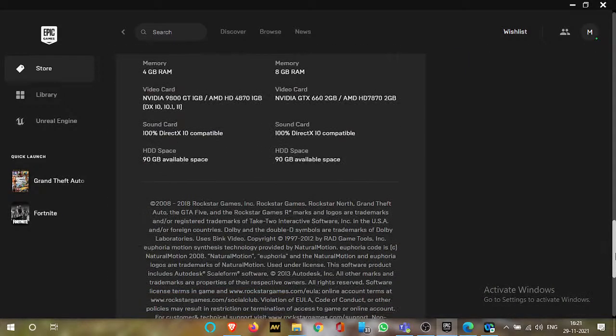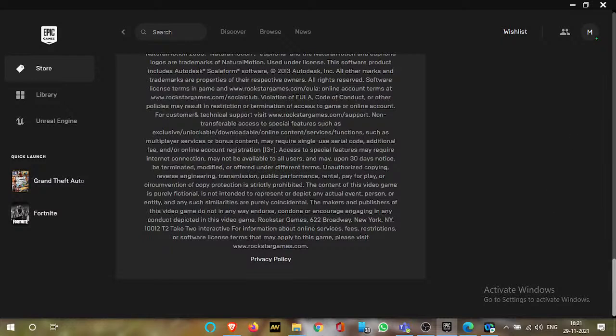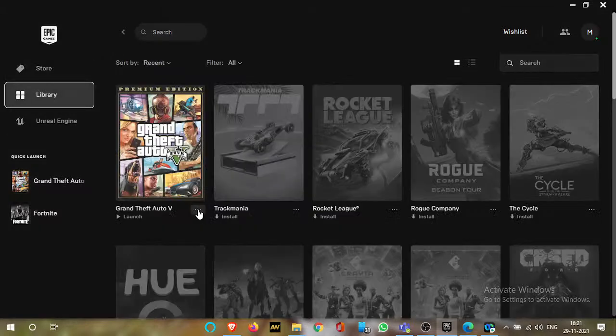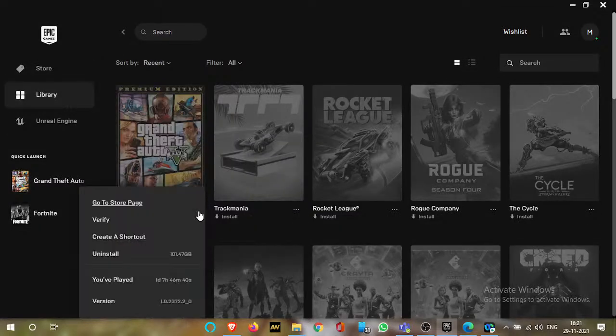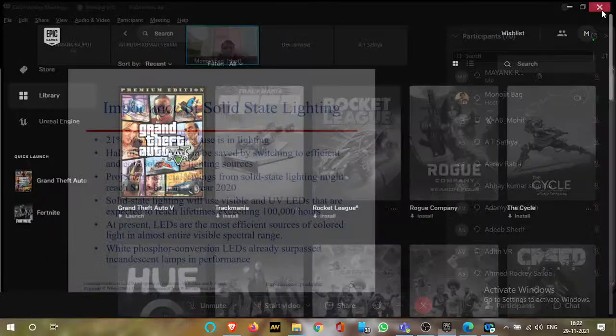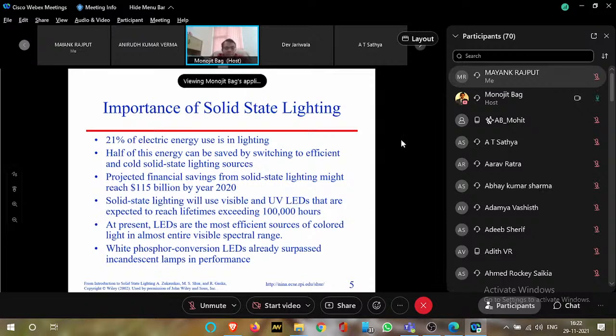Now, if you look at the overall consumption of power, you'll see almost 21% of the electricity is used in lighting. That means whatever we generate, some gigawatts of power, or from the global perspective, more than a terawatt of power, 21% of that electricity goes to generate light.